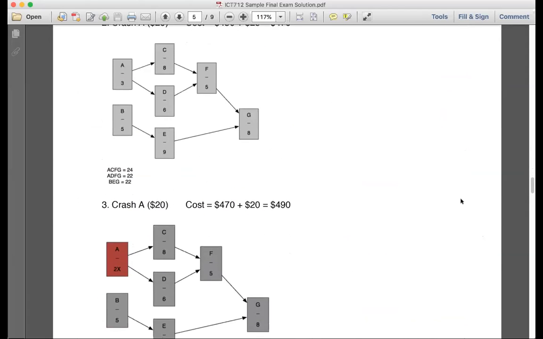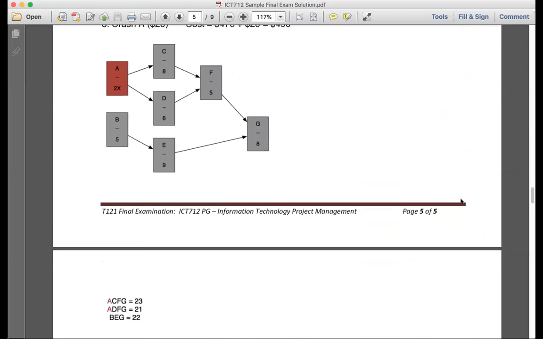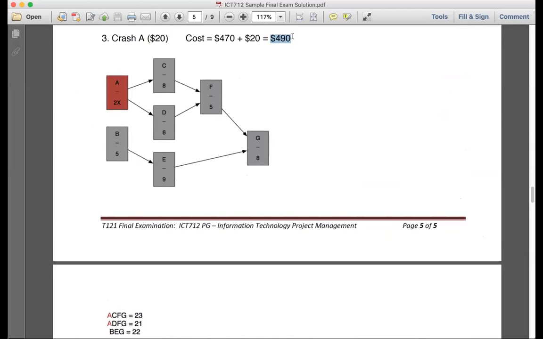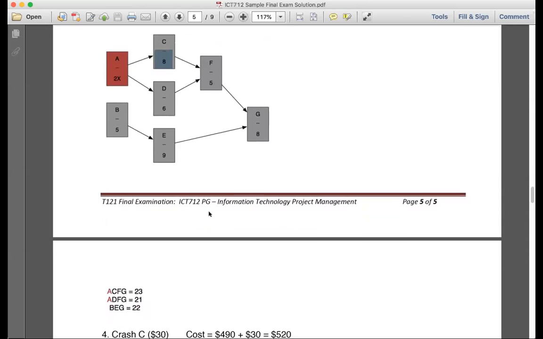So let's go here. We know we can crash C. So the cost is going to be 490 plus what? 30. Great, perfect. Now, instead of 23, what would I have? 22. Great. Instead of 8 here, what would I have? 7. That's exactly right.